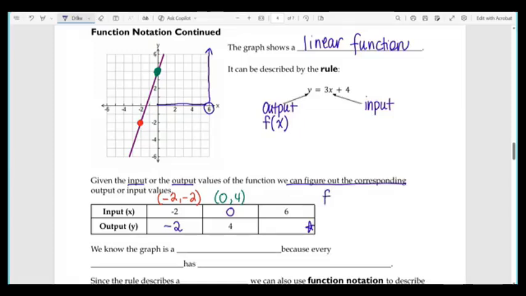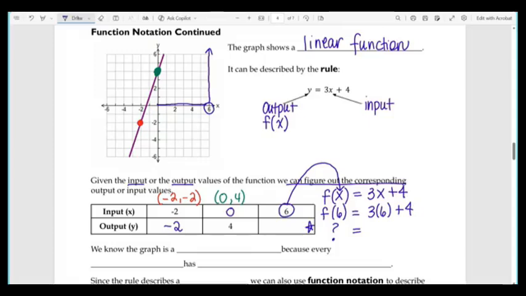So I'm going to say, here's my function notation. What's beautiful about this is my x value, right? I'm saying when the x value is 6, what is the y value?